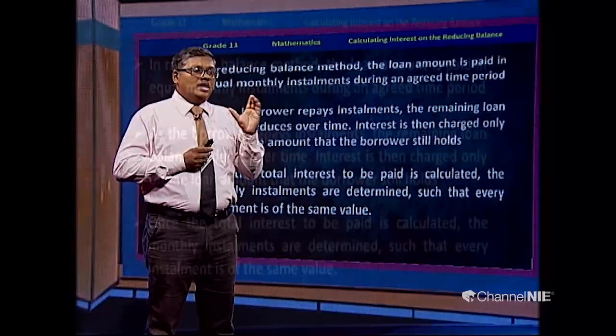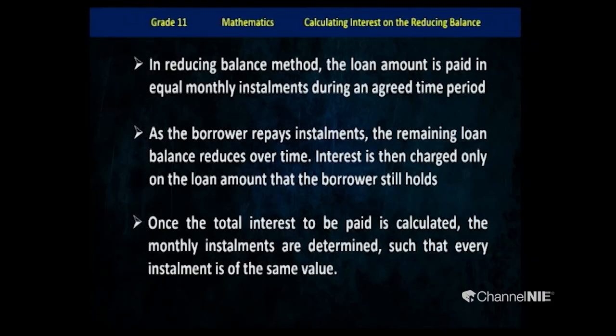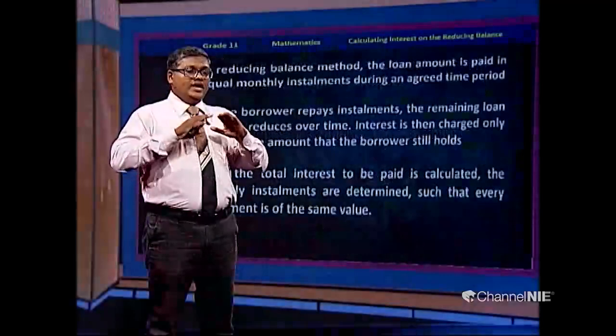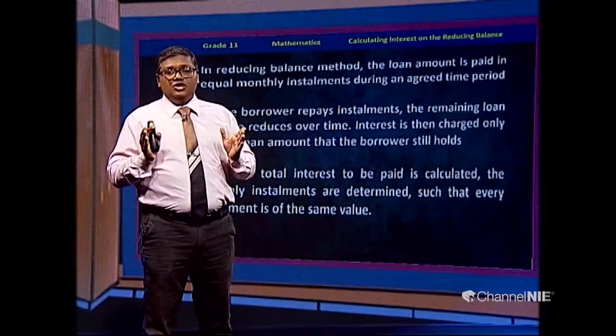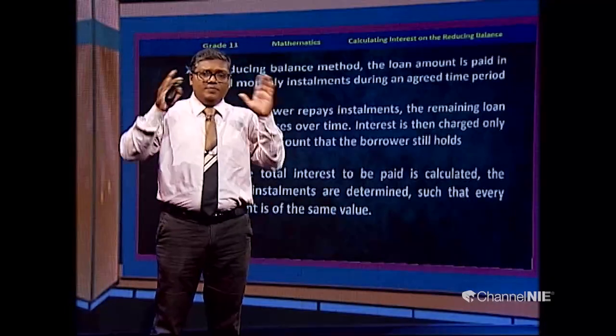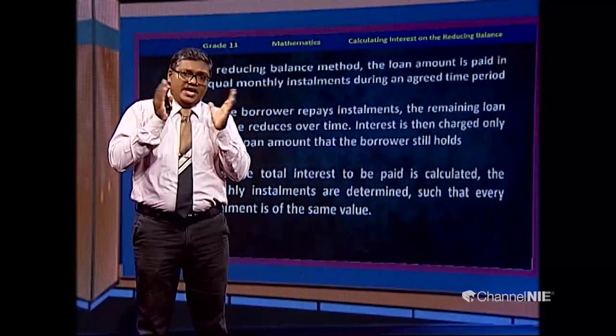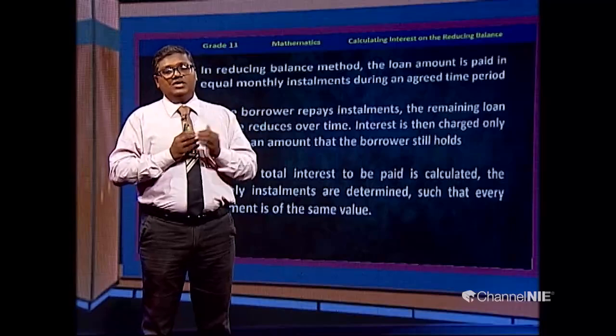Then once the total interest to be paid is calculated, the monthly installments are determined such that every installment is of the same value. Another important point: when you calculate the interest, you have to add it to the principal amount, the main amount or the loan amount, and divide by the number of months.